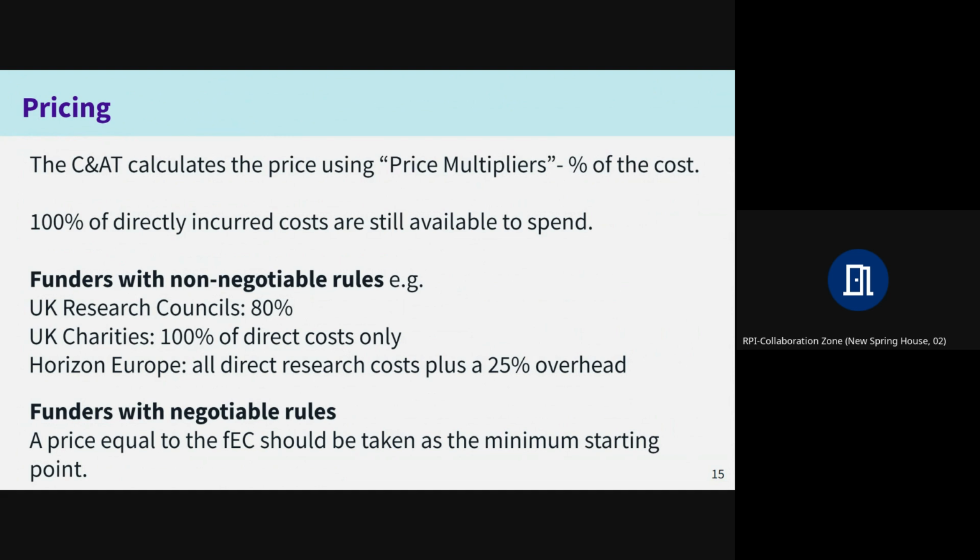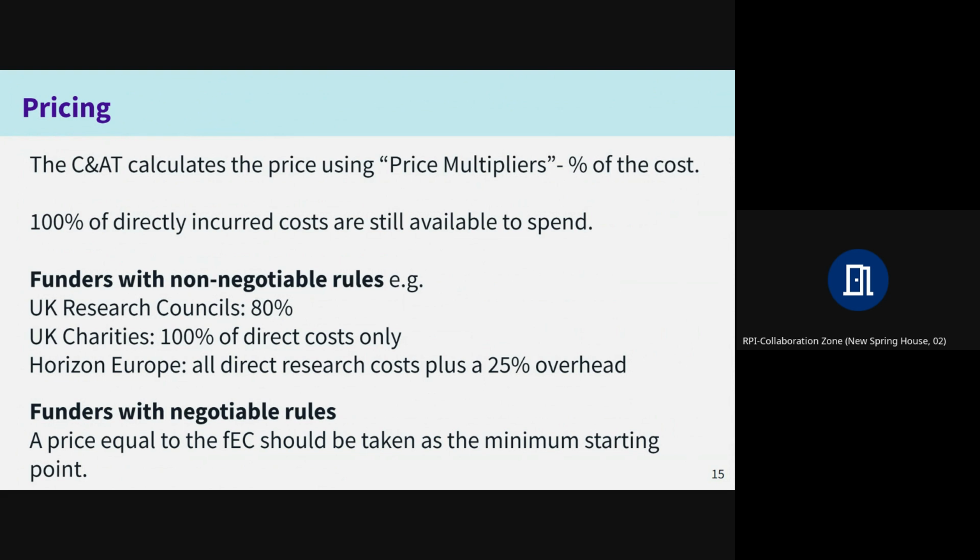So as I said, the distinction then is with the cost, you then need your price, and this is often the most complicated part of it. So you can work out how much it's going to cost, but then actually how much can we get back? Some of them are really easy. So research councils, we know what their rules are, and we have sort of two distinctions of pricing.